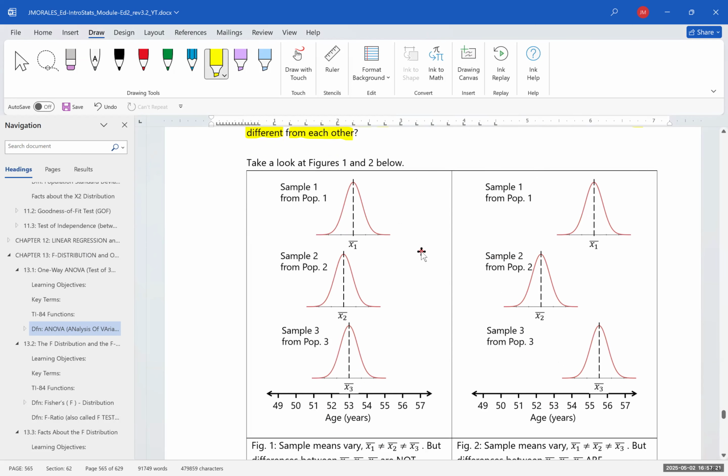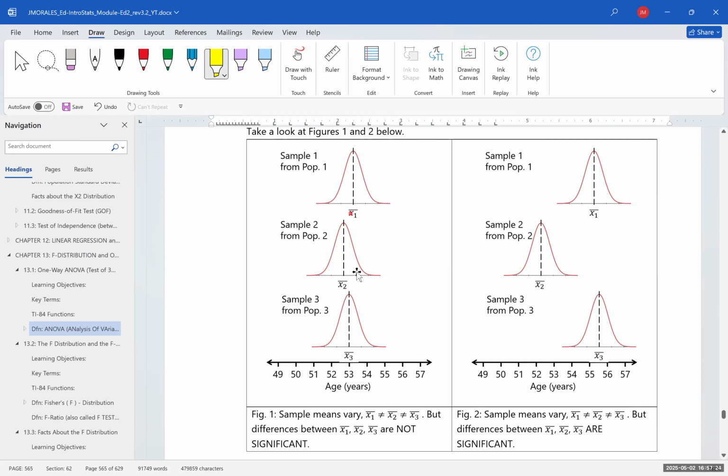So we have two scenarios, figure 1 on the left and figure 2 on the right. On figure 1, this top distribution is sample 1 from population 1 with a sample mean of x bar 1. Population 2, we have sample number 2, and that has a sample mean of x bar 2.